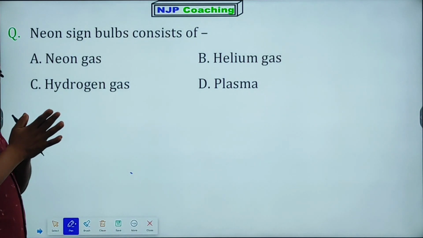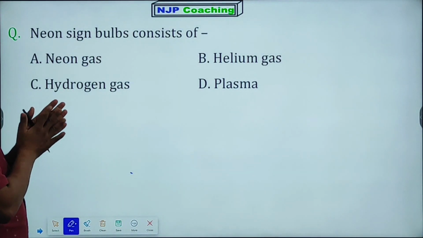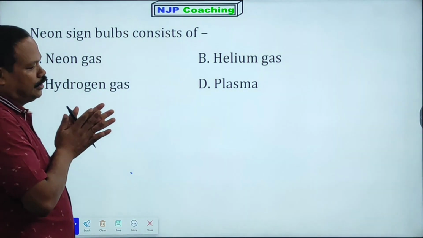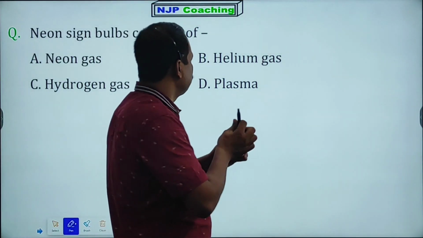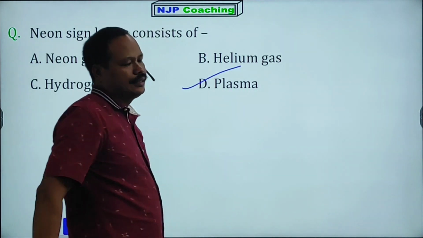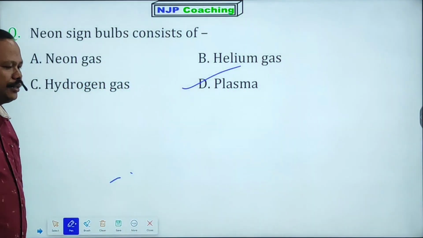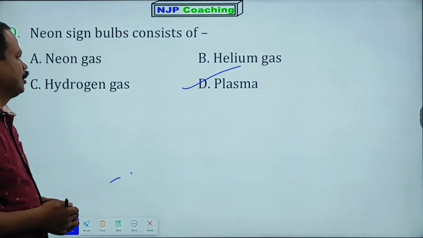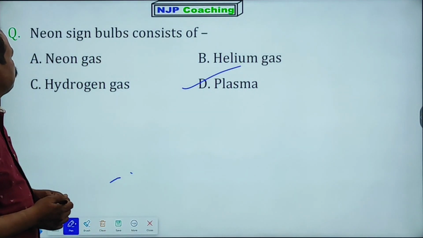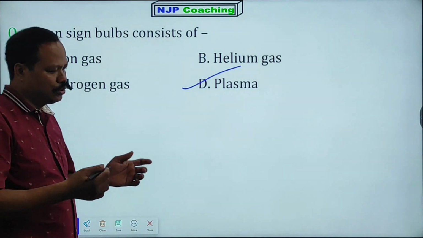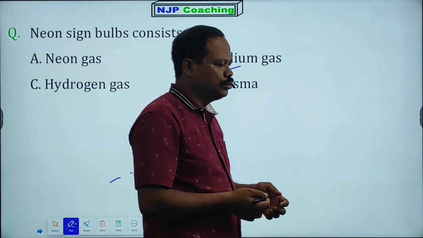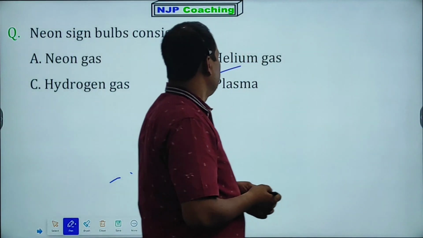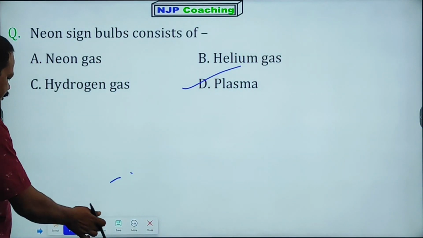I don't want to discuss much regarding this question. A neon sign bulb actually consists of plasma. This is a particular state of matter, the fourth state of matter. So neon sign bulbs and fluorescent tubes consist of plasma.